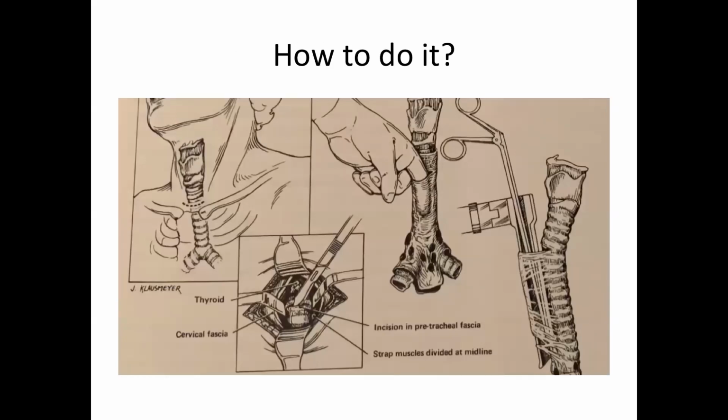I've given a fairly stylized diagram at the start as to how to do it. Let's just remind ourselves again. So we have the idea of where our incision is going to be, just about 1 centimeter or so above the sternal notch.